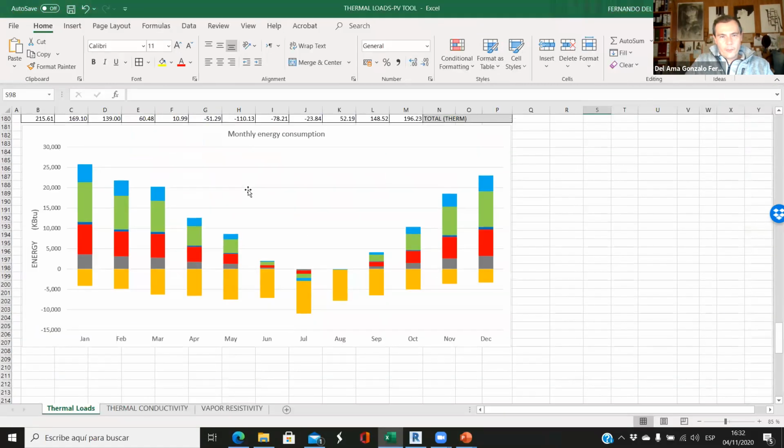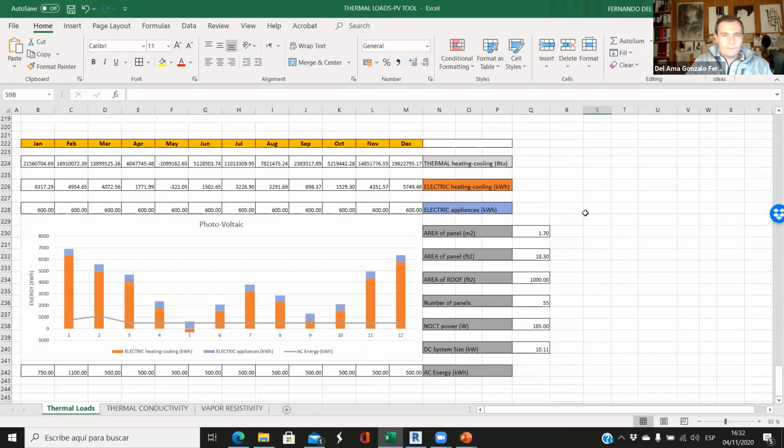So the following table, it's this one. Here you can see that we have the same table, January to December. And what is this row? This is the thermal heating and cooling loads in BTUs. But now we have to turn this into kilowatt hours because we're going to use electric devices.